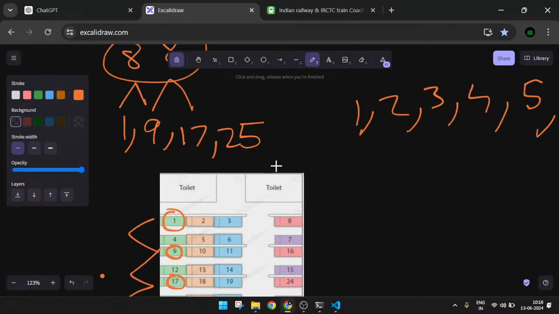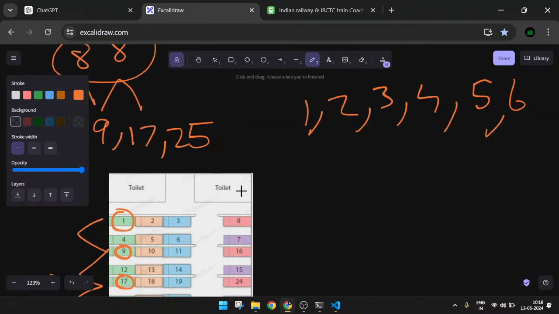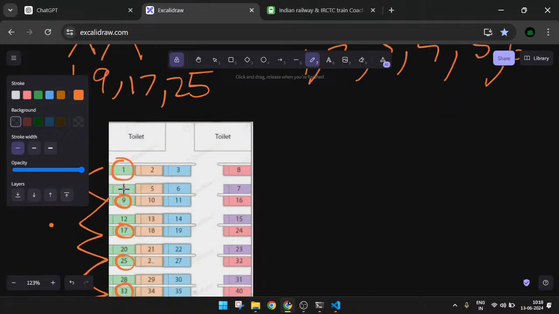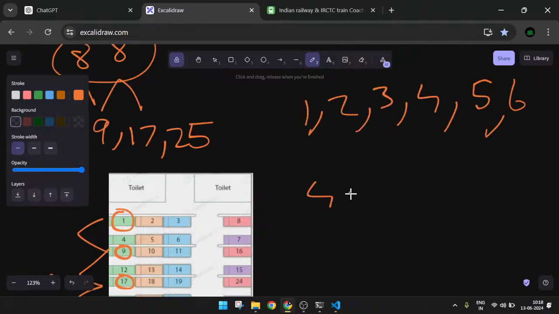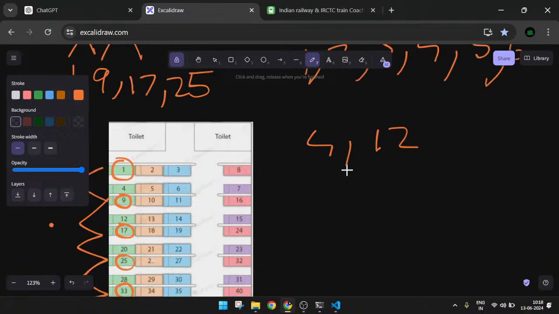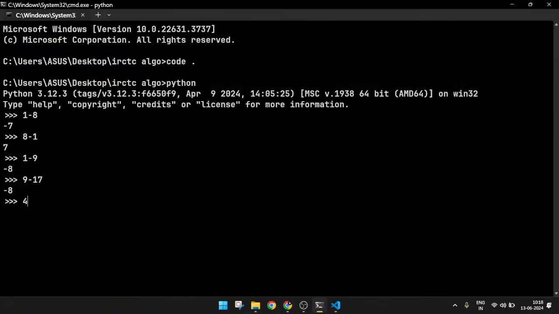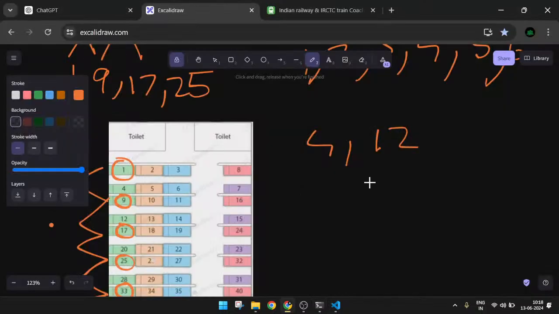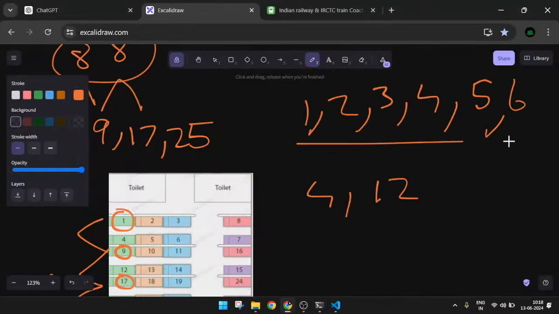Okay, so I can sense a pattern. If I start from 4, I'll move to 12. So what's the difference? 8. 4 plus 8 is 12. Yeah, so either I can start from these numbers.